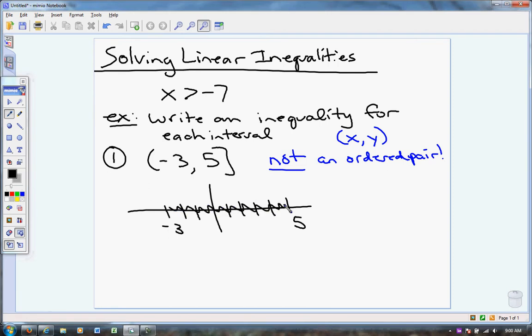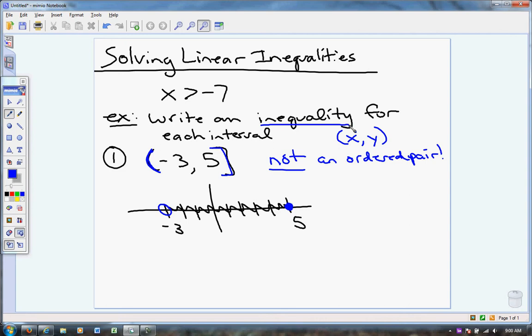But you'll notice the -3 has a round parenthesis and the 5 has a square bracket. Well, that means that the -3, we don't include it. But the 5, we do include it. So if I were to sketch a graph of that, that's what it would look like. We weren't asked to sketch a graph, but I'm using that to help explain what our inequality is going to look like.